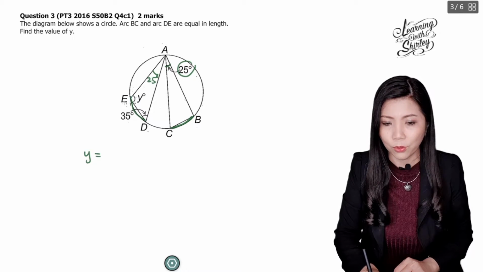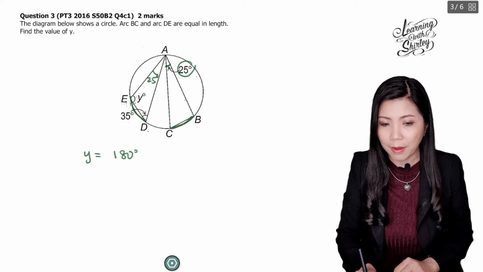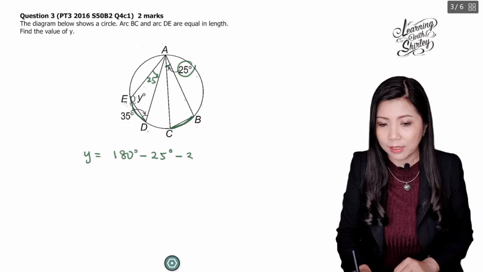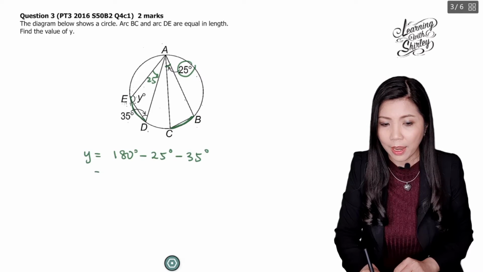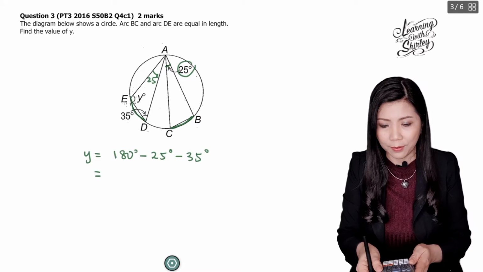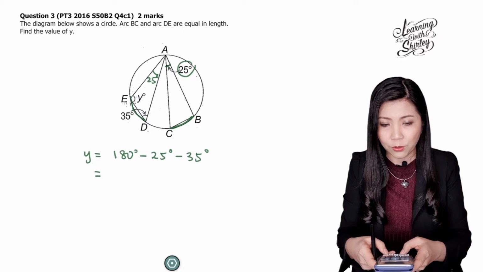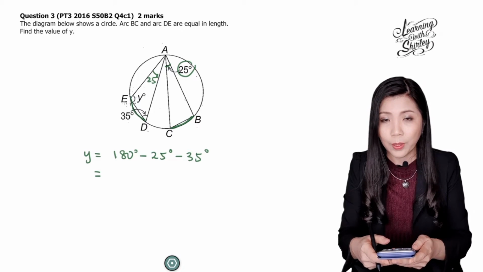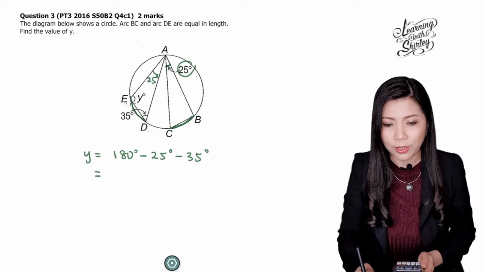So y equals 180 minus 25 minus 35, and using a calculator we get 120. So the answer is 120 degrees.